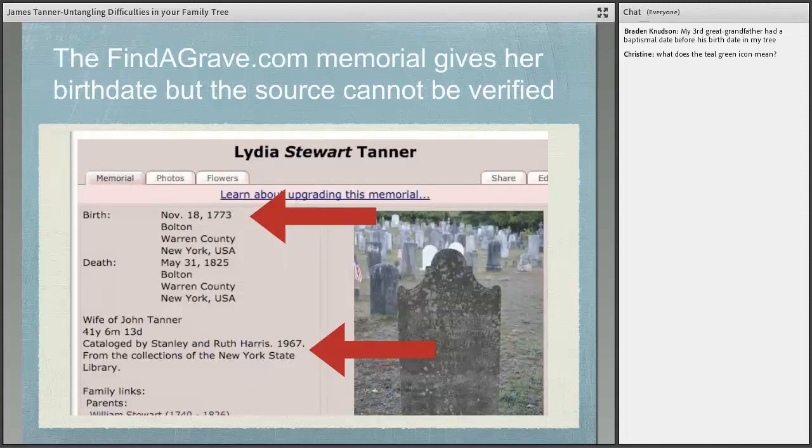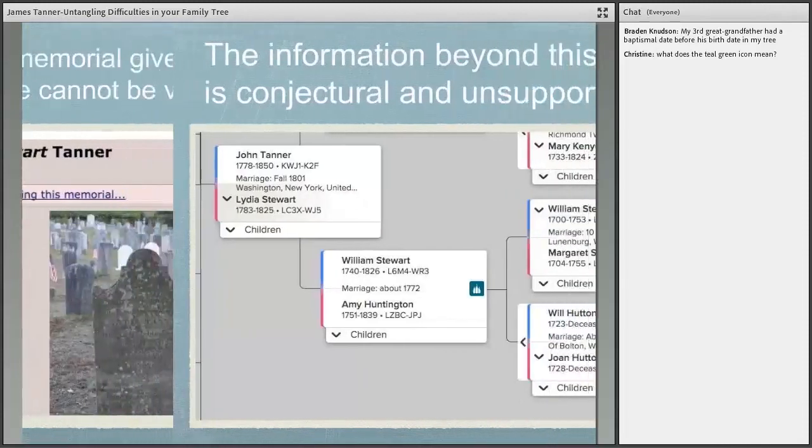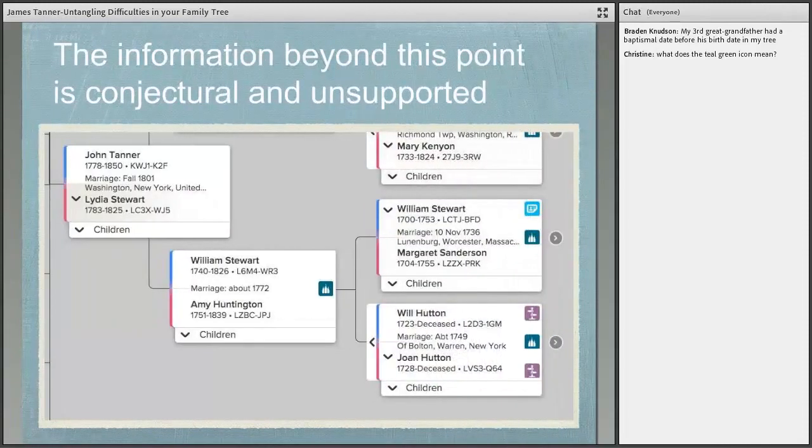So these particular dates may have some validity. But until that is verified, the information beyond the point of John Tanner and Lydia Stewart is unsupported and conjectural.